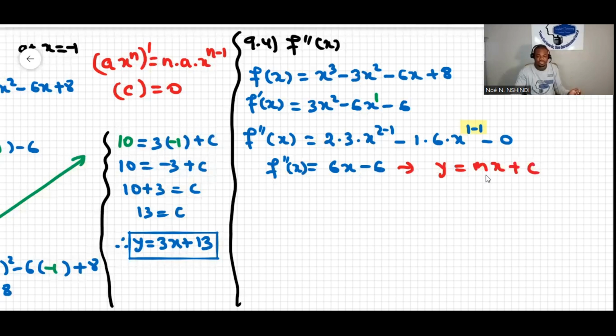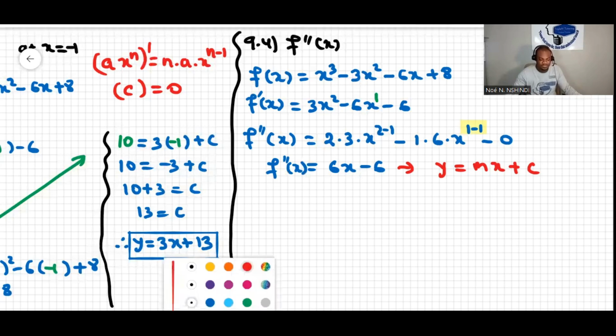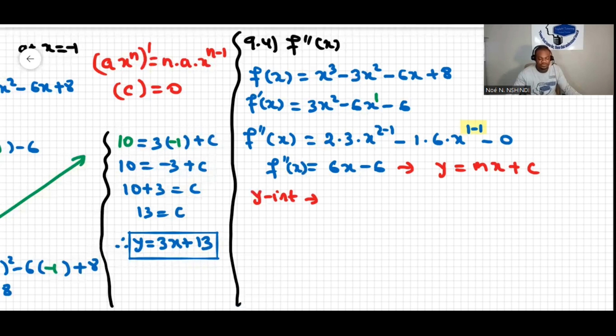Now I know this is a straight line. To draw it, we need at least 2 points. Let's take the intercepts, because the question clearly says to indicate all the intercepts. Y-intercept means make x equal to 0.